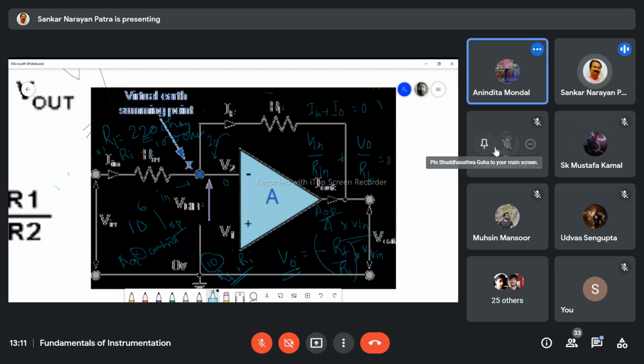Rf is 220 ohm, Ri is 100 ohm. So it is 2.2. The gain is 2.2.